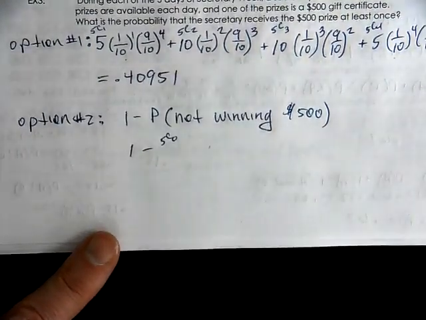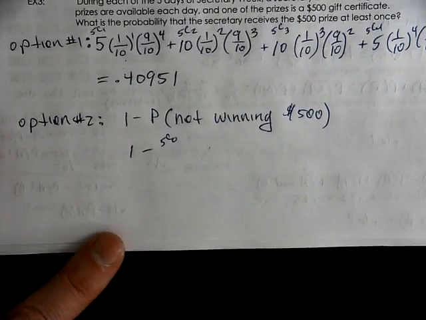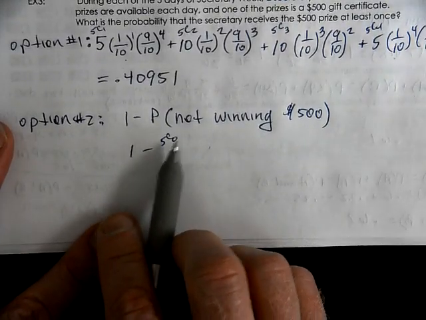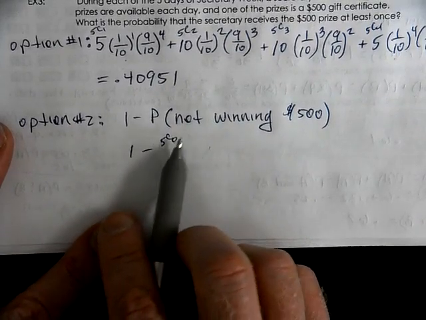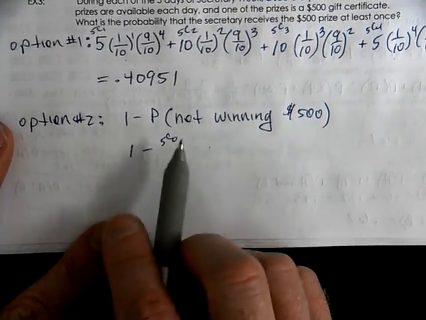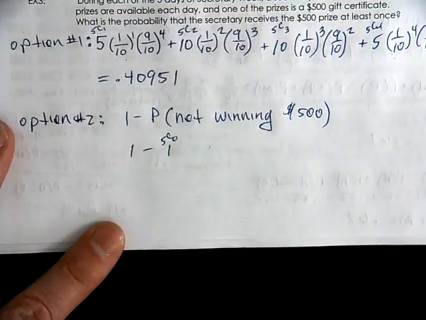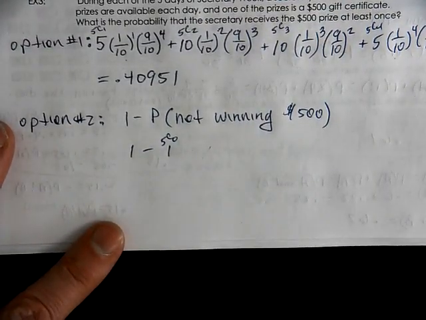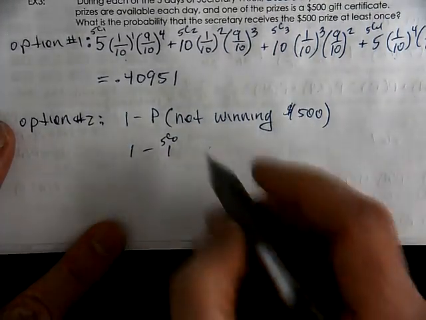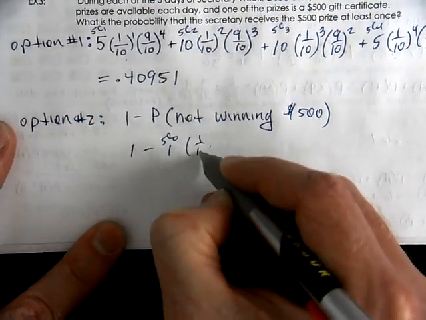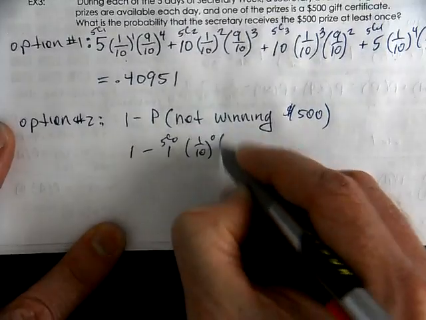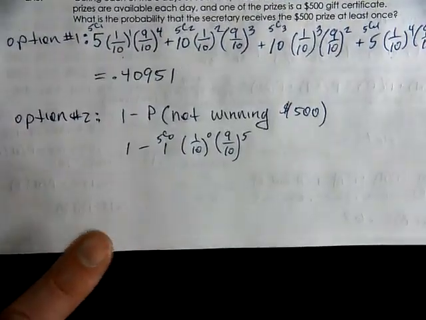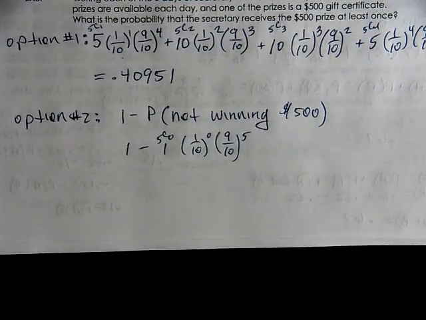What do you suspect 5C0 is? If you don't choose any of the items, if you don't have any winning day, how many ways can you not have a winning week? There's only one way that you cannot have a winning one at all. You just didn't win any of the days during the week. That means you have 1 out of 10 that you did not win, and the 9 out of 10 prizes you won every time. All 5 days.